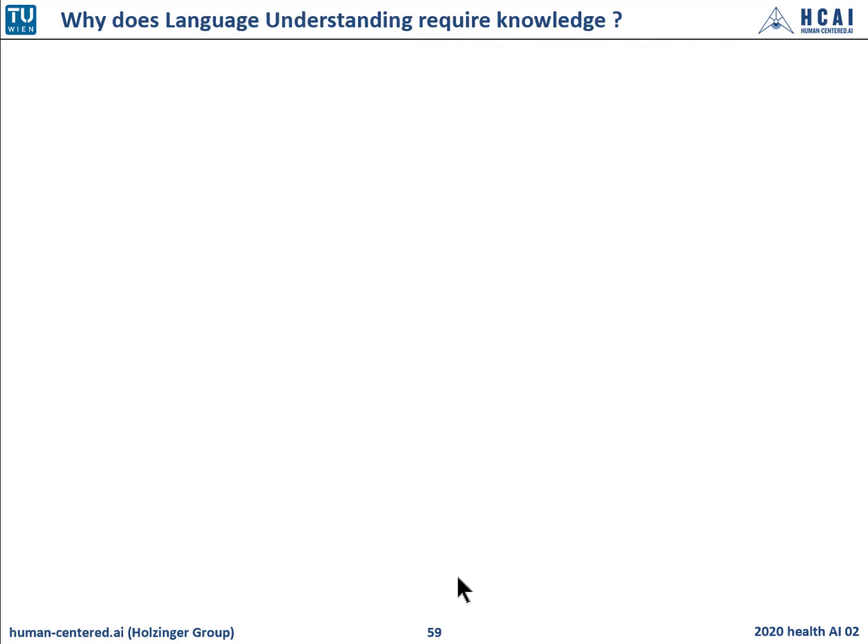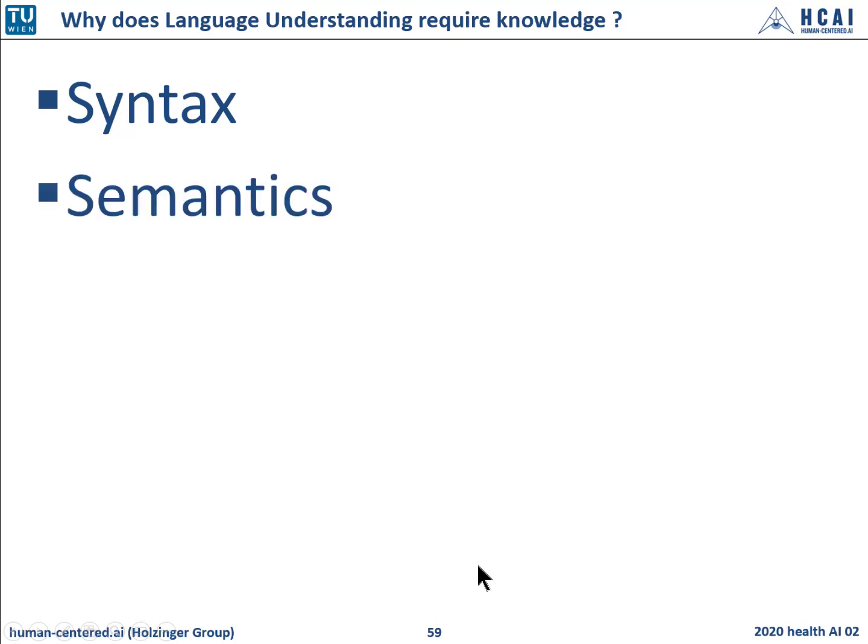Now this brings us back to some more basic questions. Why does language understanding require knowledge? Of course we have the syntax, the set of rules, principles and processes. Then we have the semantics, the Bedeutung of these words.